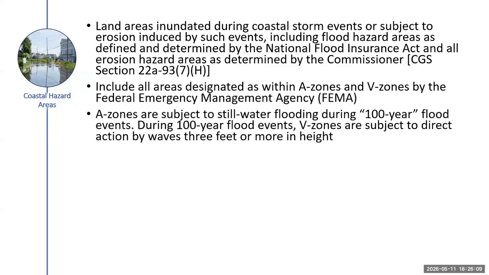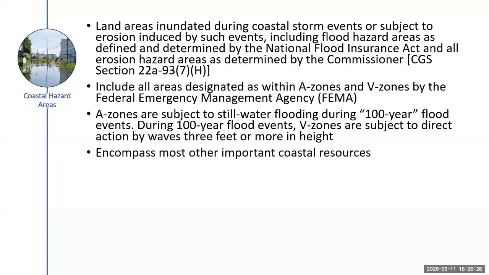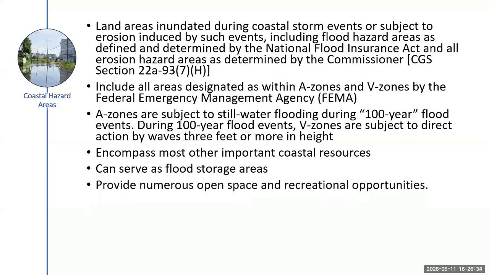A zones are subject to still water flooding, including the 100-year or 1% annual chance flood. During these particular floods, these zones may get 3 or more feet of waves, 3 or more feet tall, washing over them. These also encompass various other coastal resources. They can also serve as flood storage areas where water can be stored rather than washing over other things.